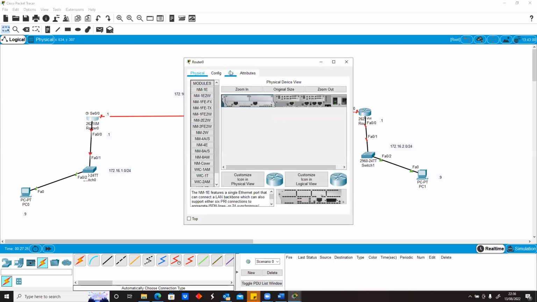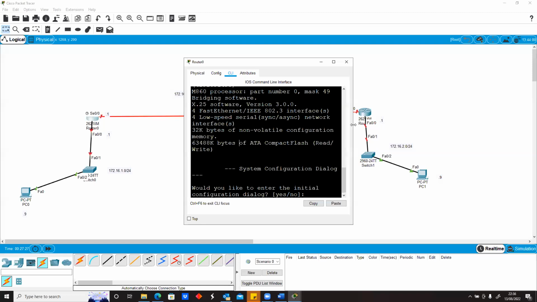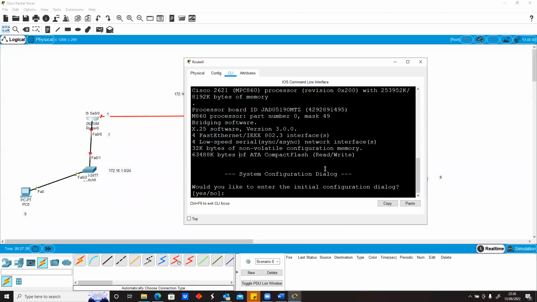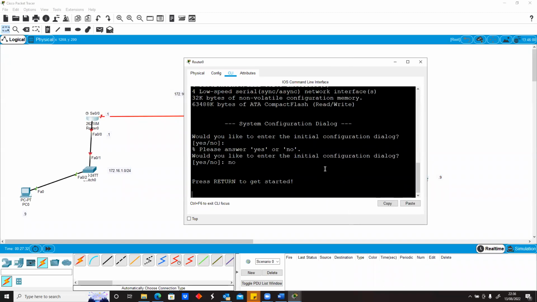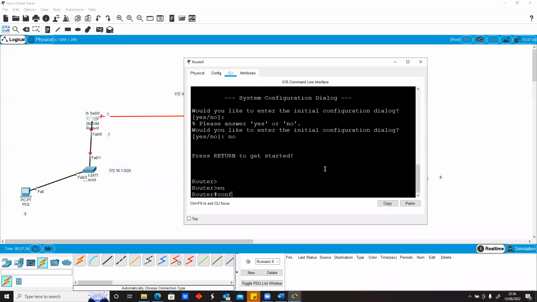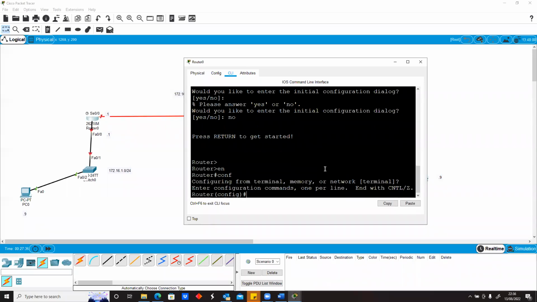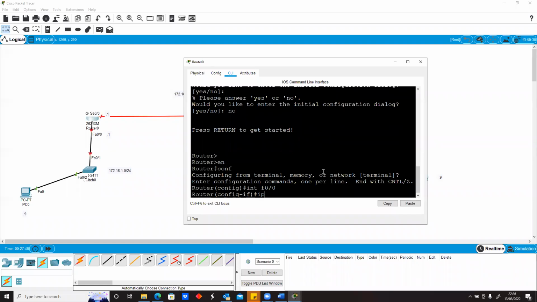And so I'll go on to the router. And then I'll configure my interface on the router. So I'll say interface F0/0, and I'll do IP address 172.16.1.1.